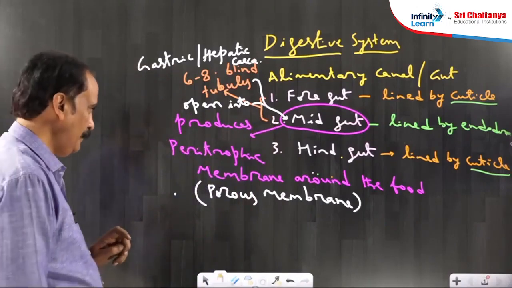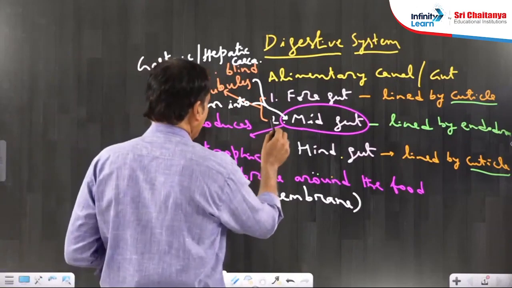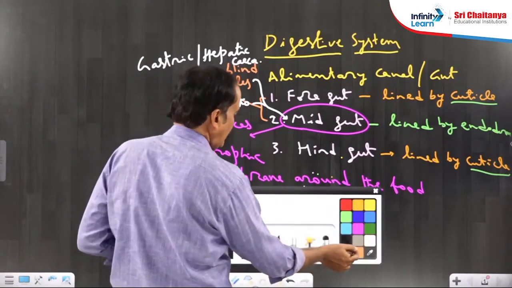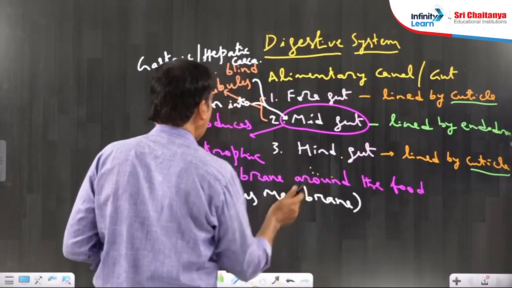Similarly, at the junction of midgut and hindgut, we have 100 to 150 structures present in the animal.